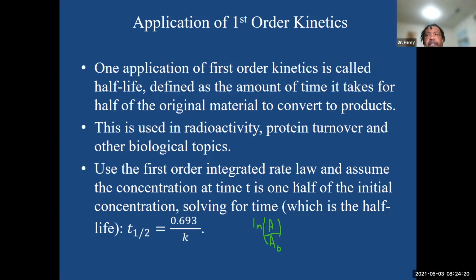So if you calculate the half of a reaction, you'll get ln of 1/2. You're initially here, and this is what you're going to be left with. If you lost half of your product, ln 1/2. So what is the natural log of 1/2?